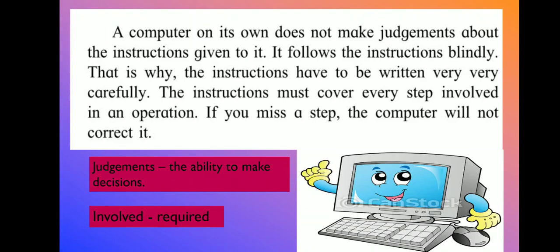The instructions must cover every step involved in an operation. Involved means required to do particular operations in the computer. If you miss a step, the computer will never correct you. That is, if you make any mistake, the computer is not going to correct it because it is blindly following the instructions given by you.